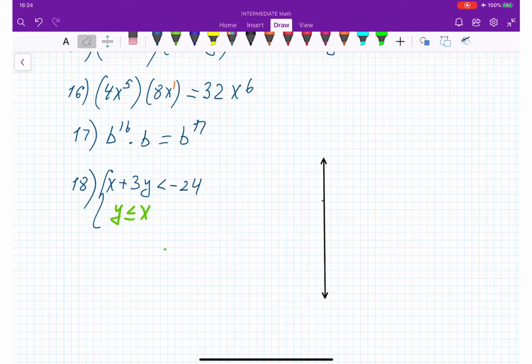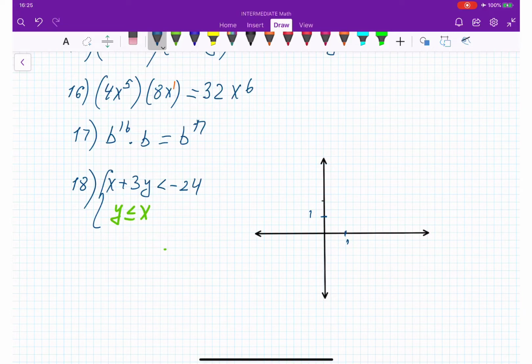So if y is equal to x, that means what? X is equal to 1, y is equal to 1.